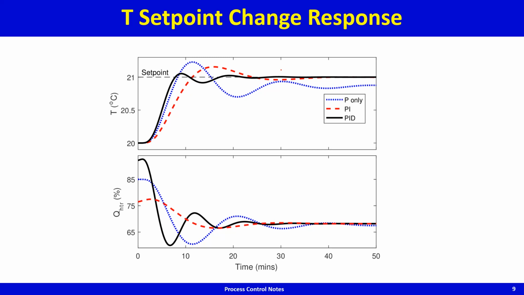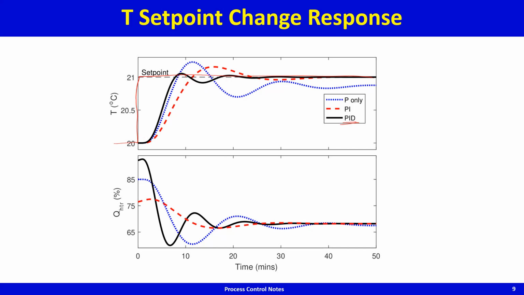Now if you make a change in the temperature set point, I've simulated the case where initially the process is at steady state, and then at time t equal to 0, set point is changed from 20 to 21 degrees Celsius. You can see PID control, for the tuning that has been used, is really tight.